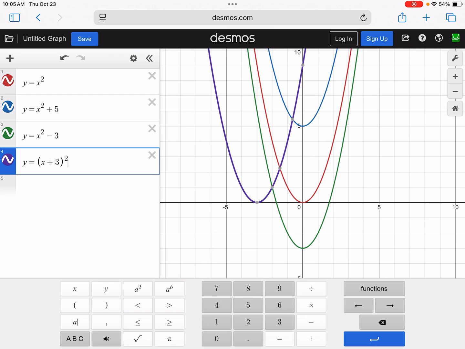So here instead of this x, we replace this x by x plus 3. Now when we replace x of a basic function by x plus some number, what happens to our graph? We had our basic graph here. It shifted to the left side by 1, 2, 3 units.